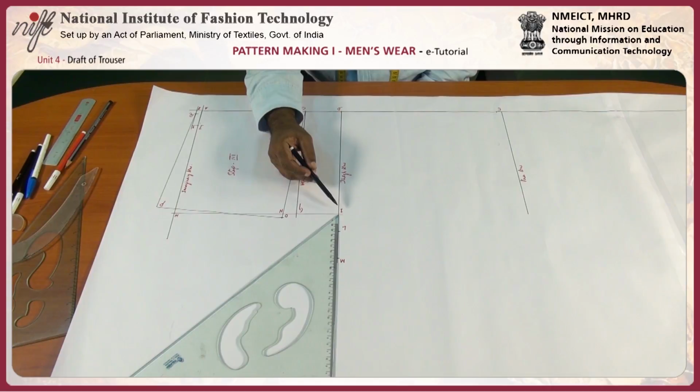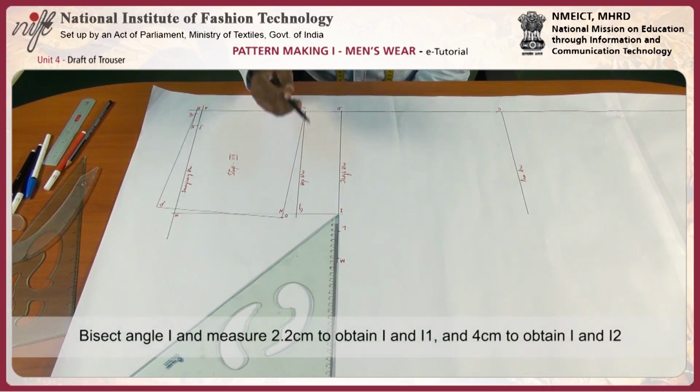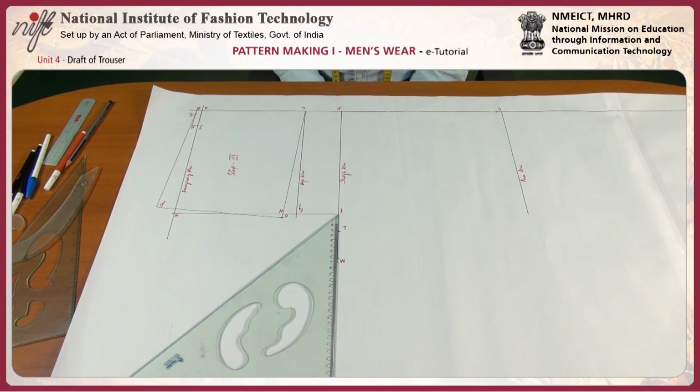Start from point I. Bisect angle I and measure 2.2 centimeter to obtain I and I1 and 4 centimeter to obtain I and I2 as shown.